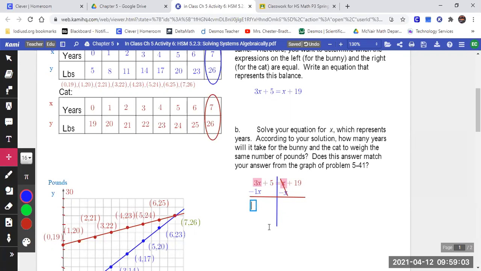What's the left-hand side going to say? Solve the math. 2x plus 5 is going to equal what was left behind on the other side.